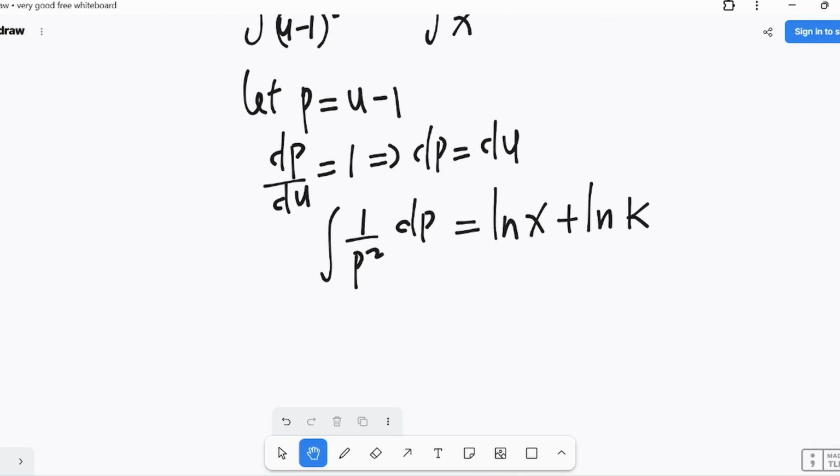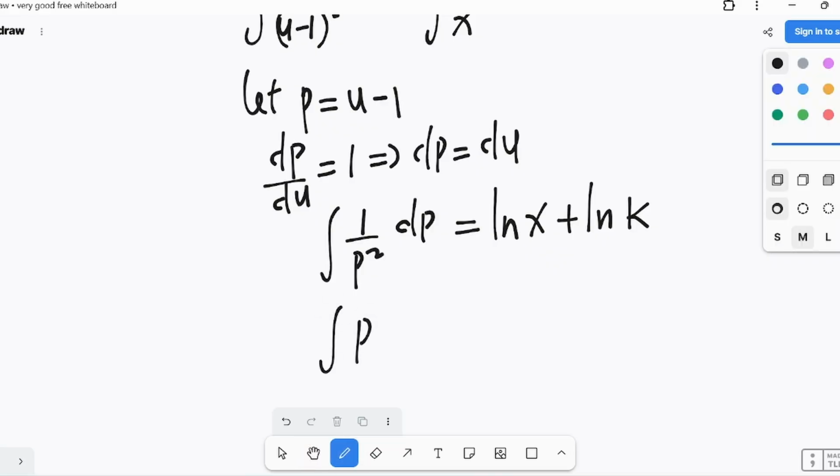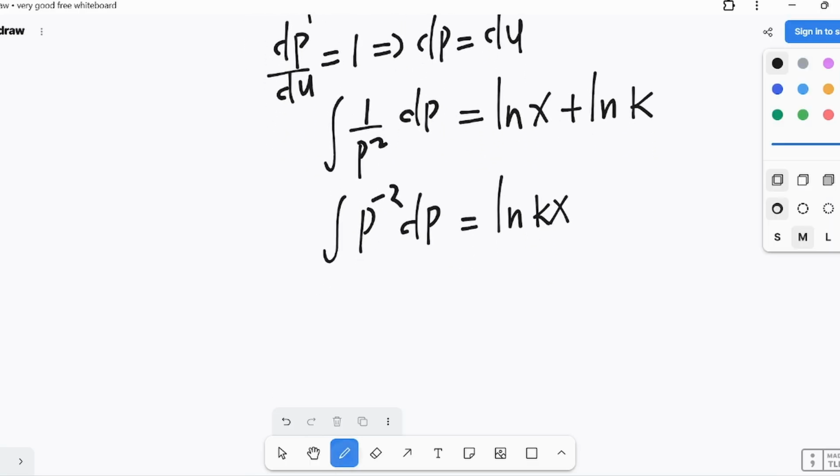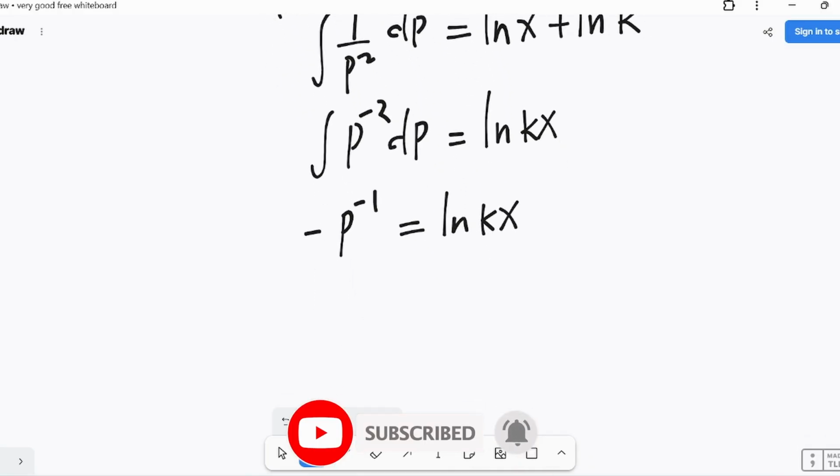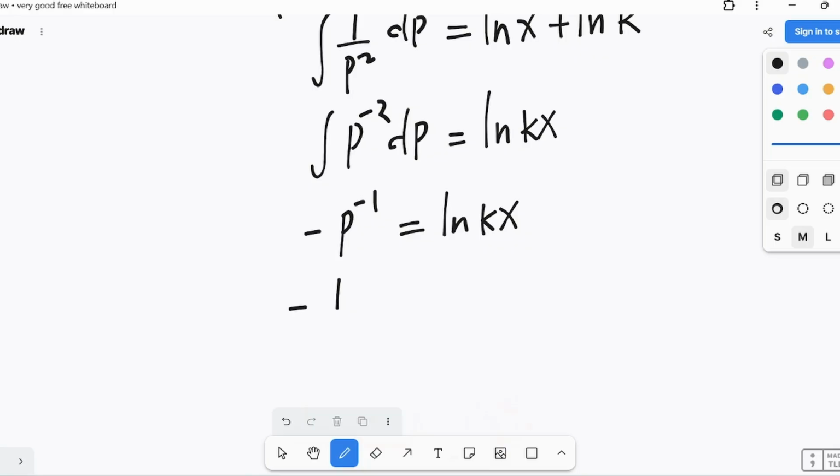Going further, to integrate this is the same as p power negative 2 dp is equal to ln of kx. This eventually becomes negative p to power negative 1 is equal to ln of kx. Simplifying, this is the same as negative 1 out of p is equal to ln kx.